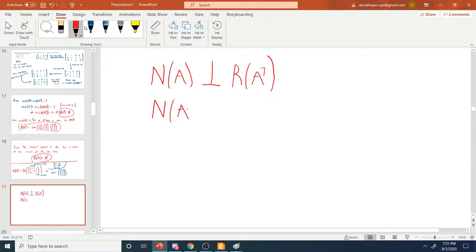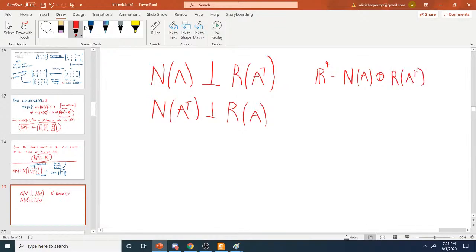And the null space of A transpose is orthogonal, or I'm sorry, this is column space, is orthogonal to the column space of A, which is the same thing as saying that R4 may be understood as the direct sum of the null space of A with the column space of A transpose, and R3 may be understood as the direct sum of the null space of A transpose with the column space of A. And so these are the orthogonality relationships.